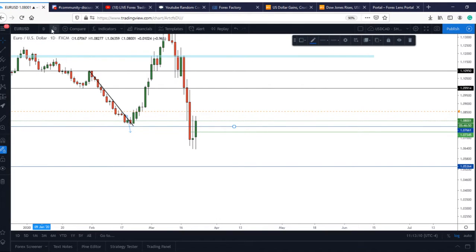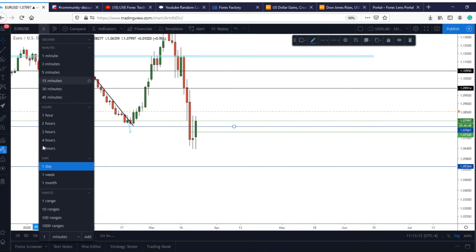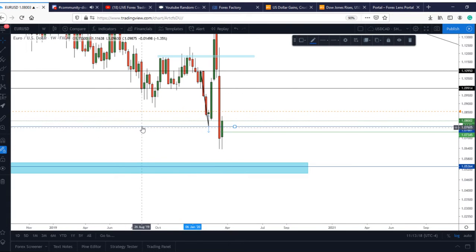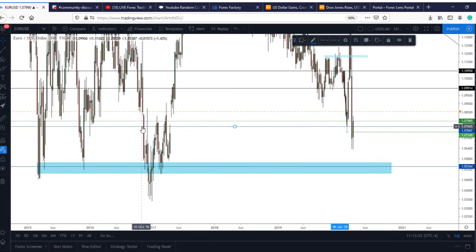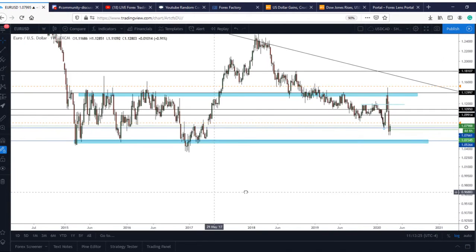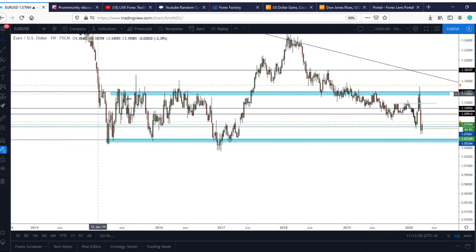So if we go to the weekly, and this is where it gets pretty interesting, the weekly isn't too kind right now. It's printing a hammer, and this level right here, 1.07665, is a pretty solid support for euro. If I just squeeze the chart down, you can see the two major zones we're in. This is our resistance zone, our support zone, and here we have our weekly levels, right?